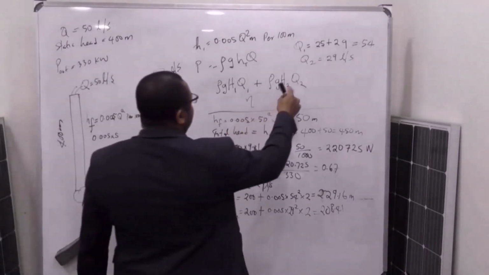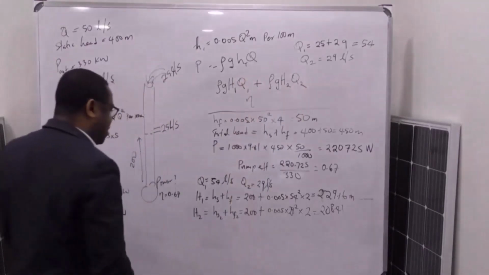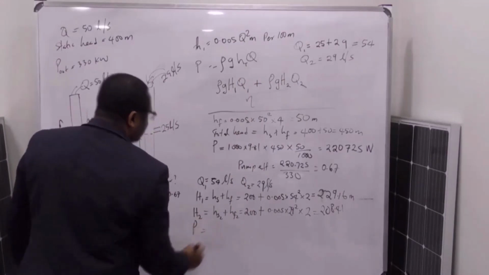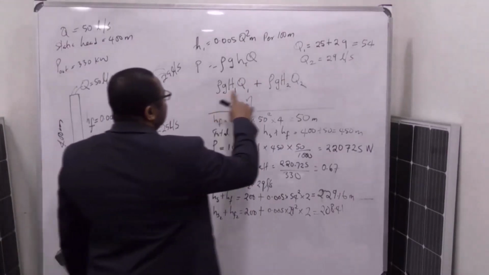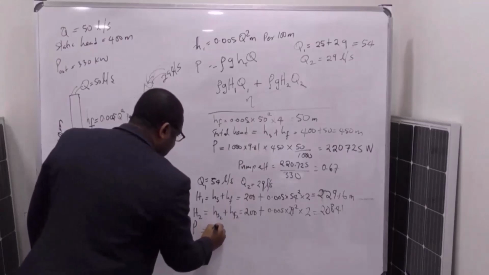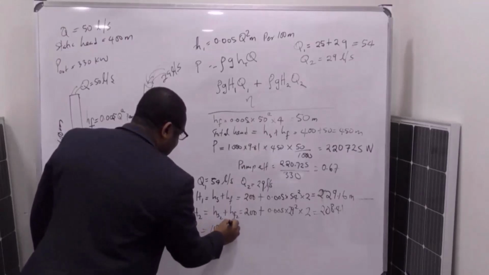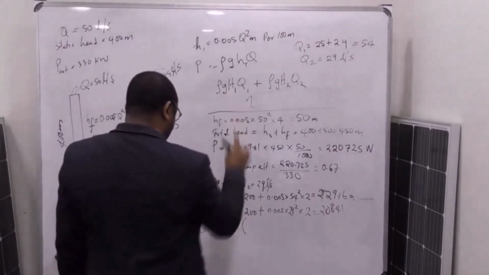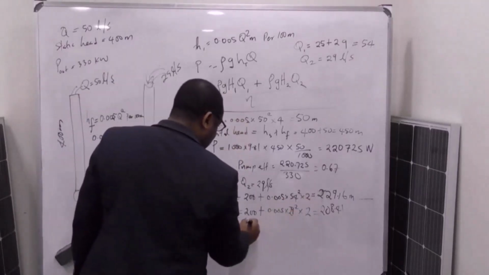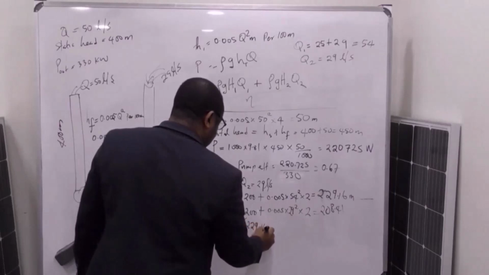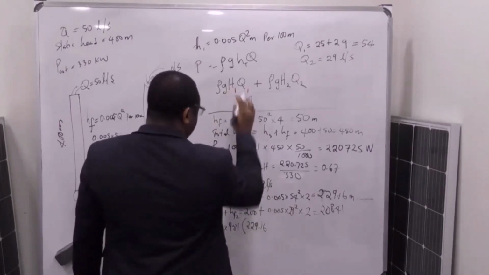So we got H2, we know Q2, we know efficiency, so that means the power, remember that this and this are the same. So it's going to be 1,000 times 9.81 into H1, 229.16, times Q1.